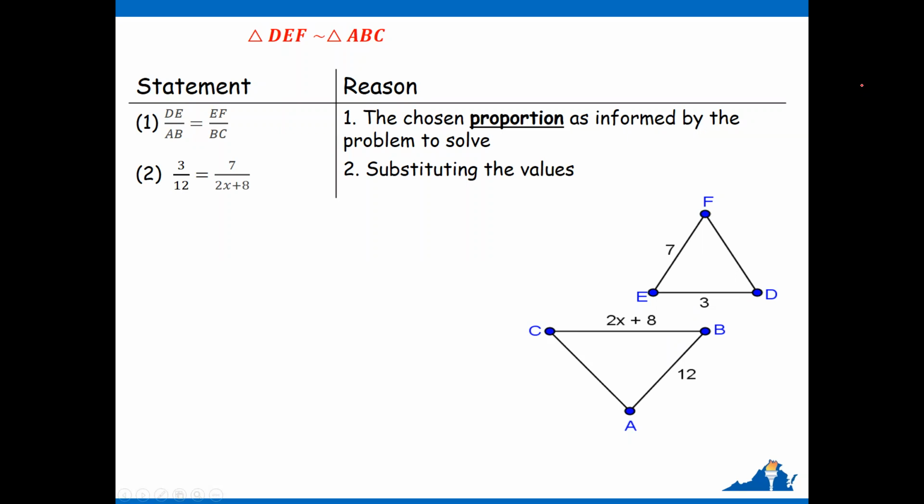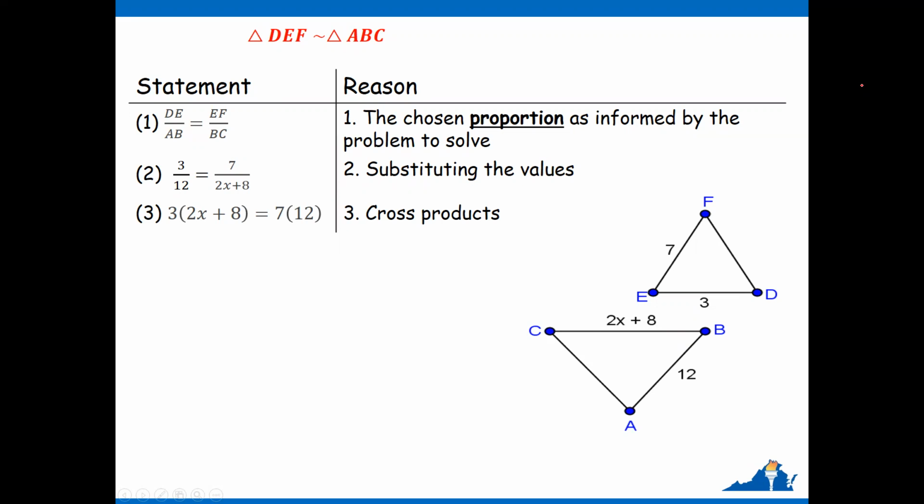And the result is a linear equation. The variable is x, and we need to solve for x. To do that, we apply the cross product. 3 will multiply this denominator, and 7 will multiply this denominator. That is cross products for you.